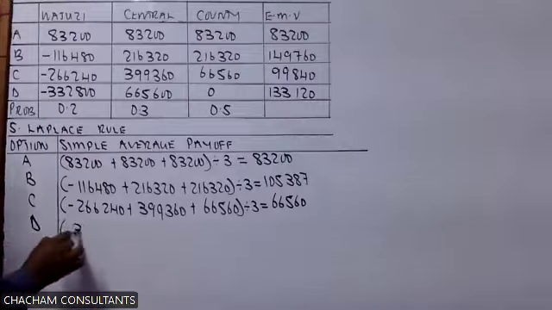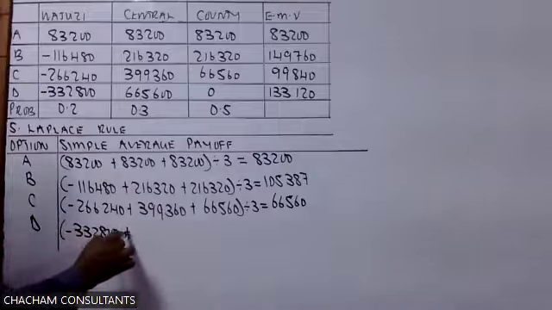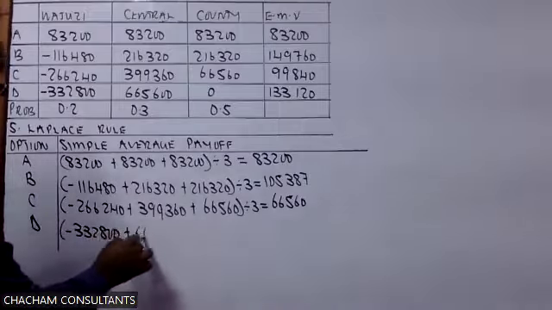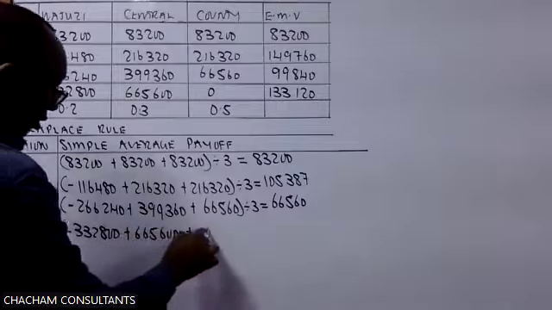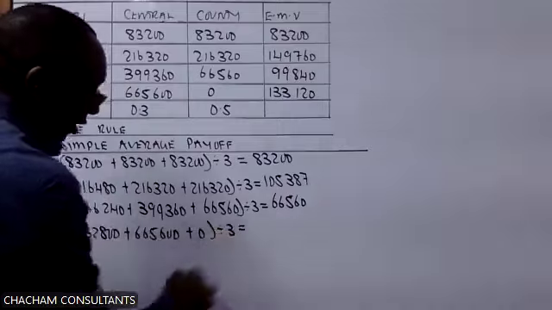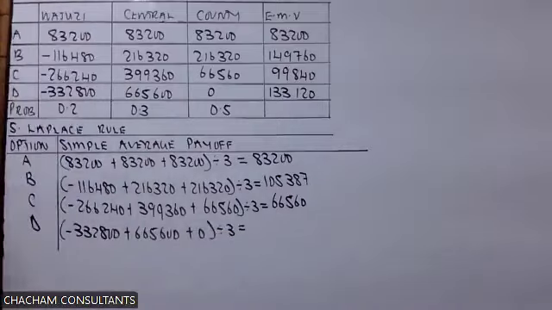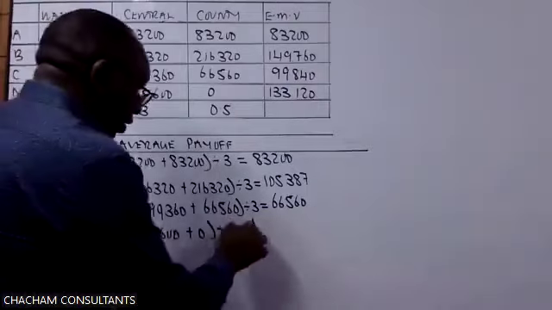Then D is negative 332,800 plus 665,600 plus 0, you divide by 3. That gives 110,933.